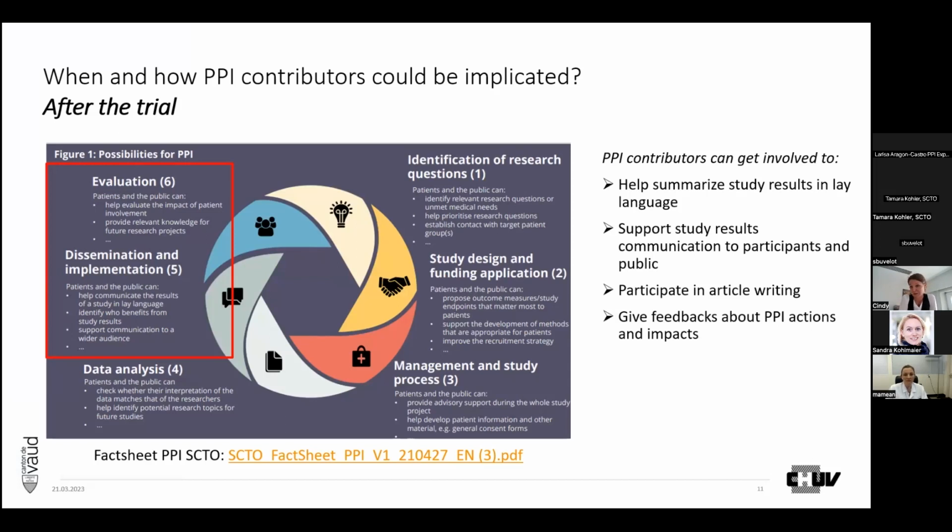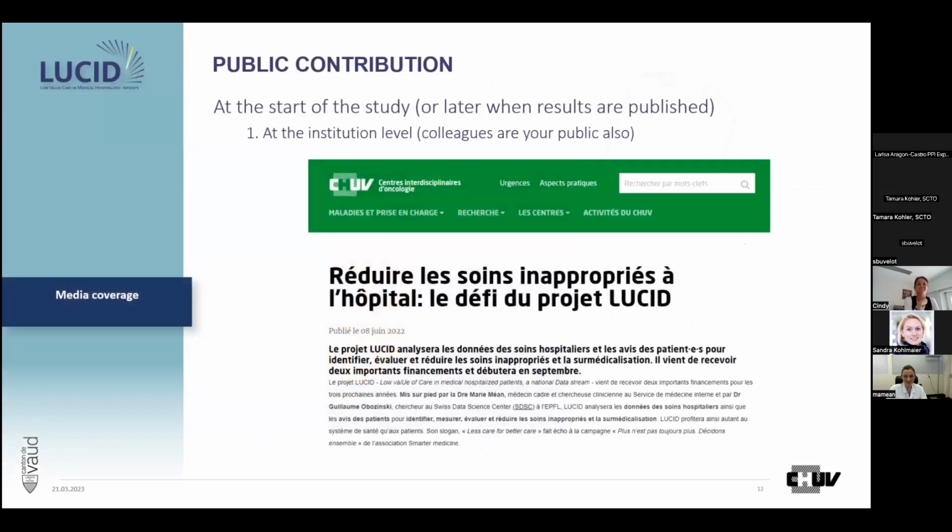They can also participate in article writing to help you communicate clearly those results. But they are also very important for the evaluation phase in order to give feedback about PPI actions and impacts, which is very important. I will come back to this point just after you, Marie.